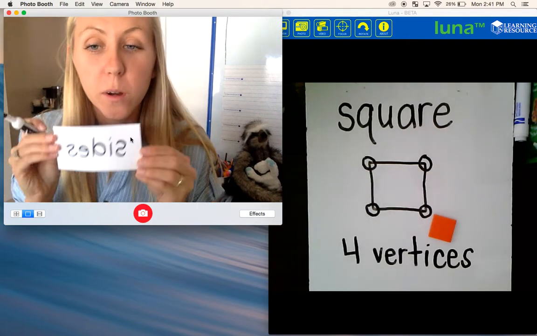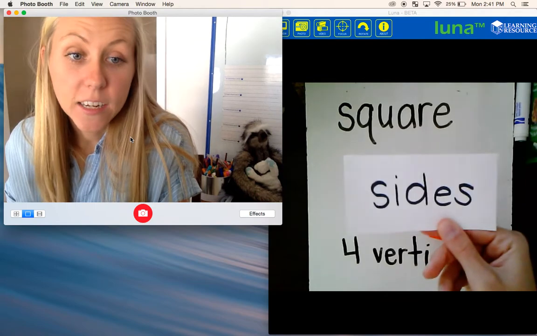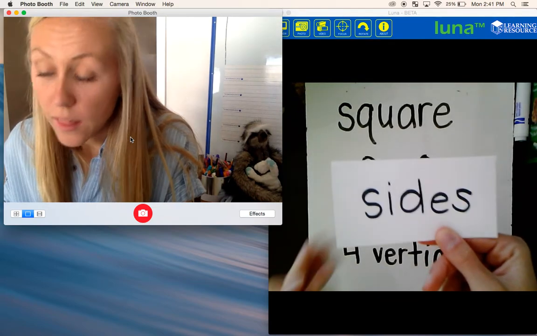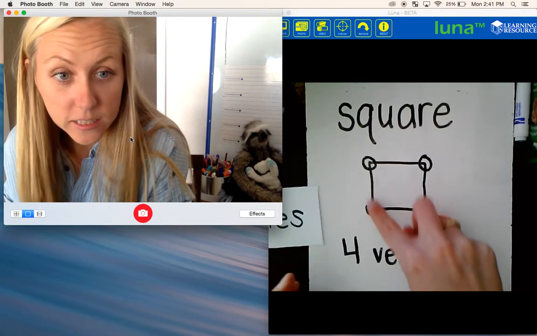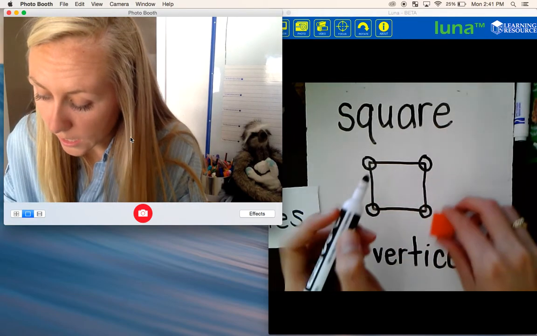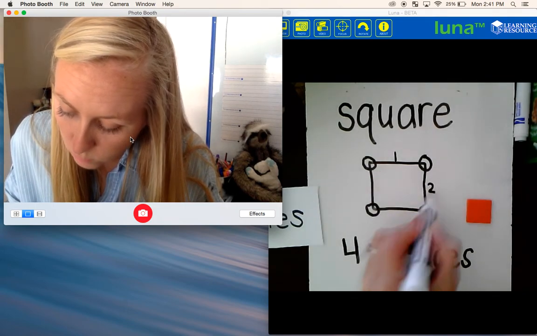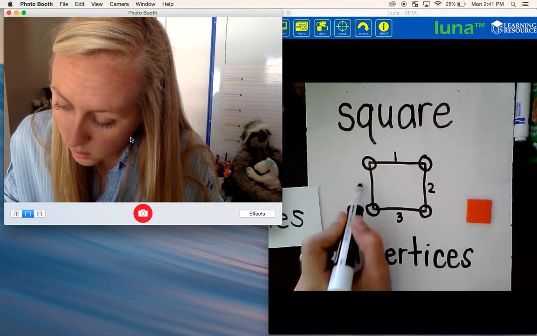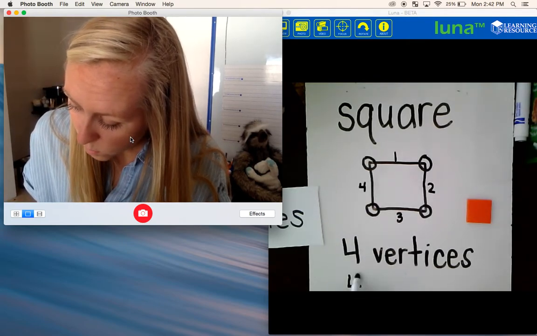Okay, now another word we use to describe shapes is the word side or sides, okay? The sides of a square are the straight lines that this shape has. So let's count how many we have on those. We have 1, 2, 3, and 4. So at the bottom, I'm going to write 4 sides.